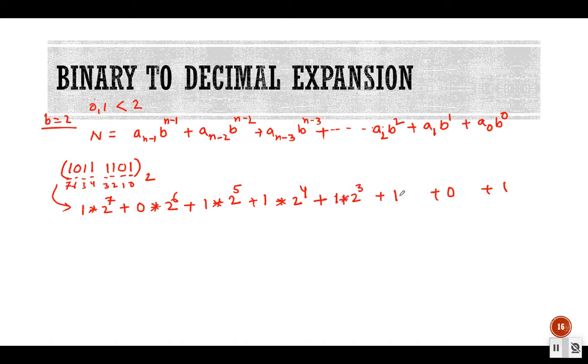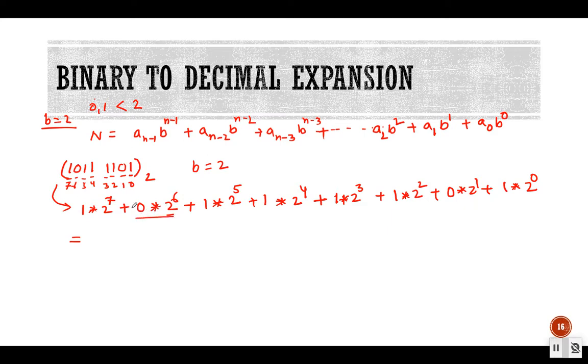Let's write the base here. So that will be 2 to the power 3, that will be 2 to the power 2, that will be 2 to the power 1, that will be 2 to the power 0. This 2 is our base 2. Now we are going to calculate all of these things, and some of the items we can just skip.